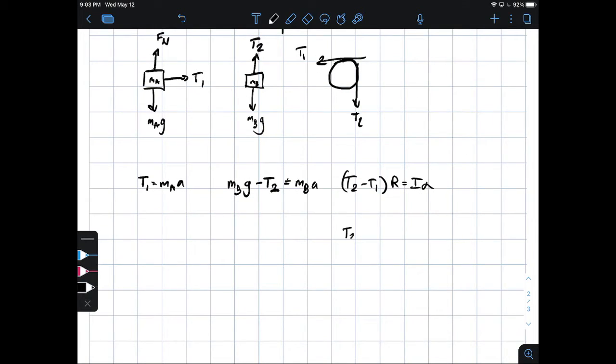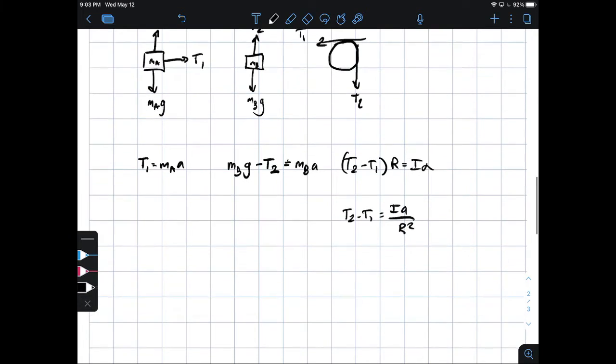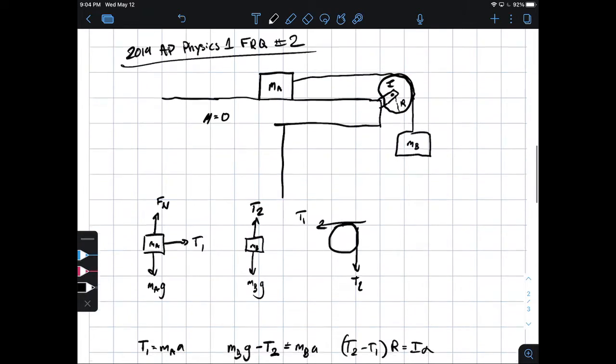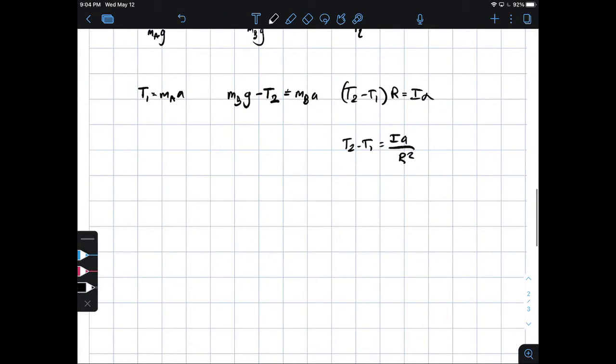We'll expand this a little bit, do what we did in the other one. I'm going to cut some corners. Okay, so I did take some liberties because I forgot that we don't know the direction of motion. So I'm just assuming that the system's going to go this way. That means block A is going to go this way. Simple. Now we're going to add everything up like we did before.